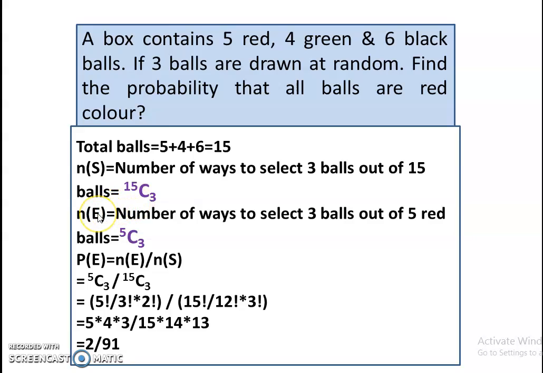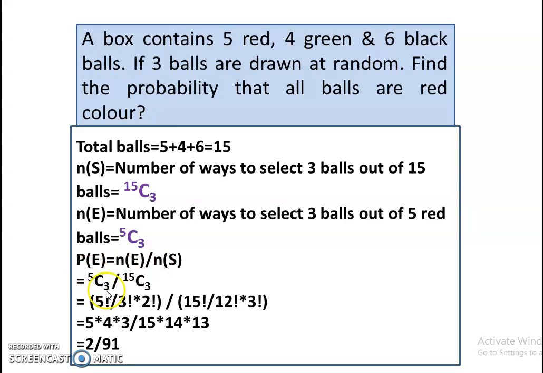Now the event is getting 3 balls of red color. So in total we have 5 red balls. So we are selecting 3 red balls out of 5, and this will be outcomes in favor of getting all 3 balls red, right? So probability of getting all balls red will be possible outcomes in favor of getting red balls upon number of sample space.